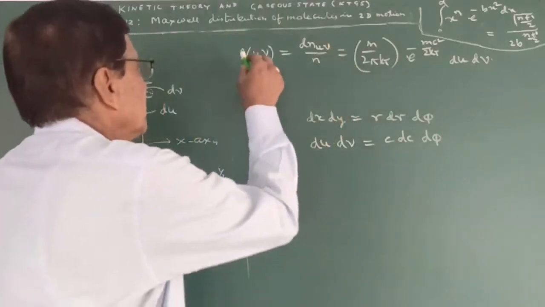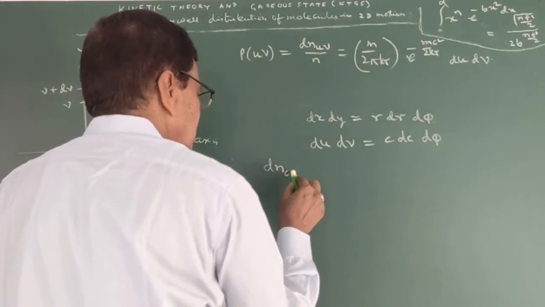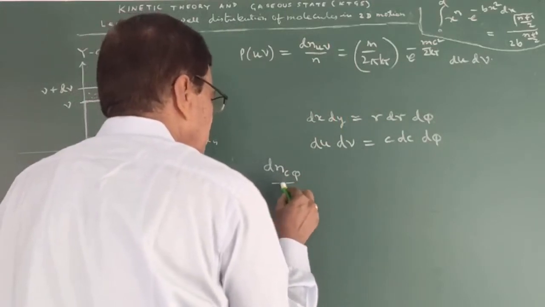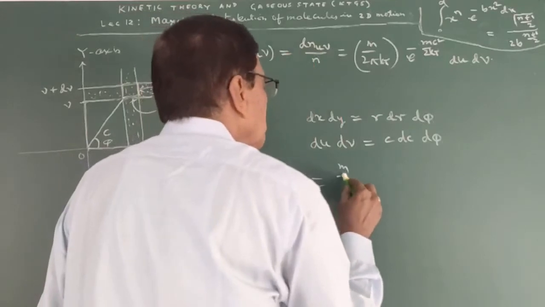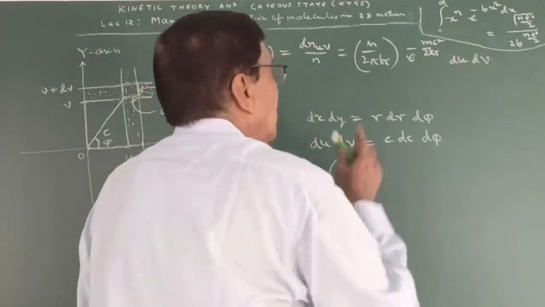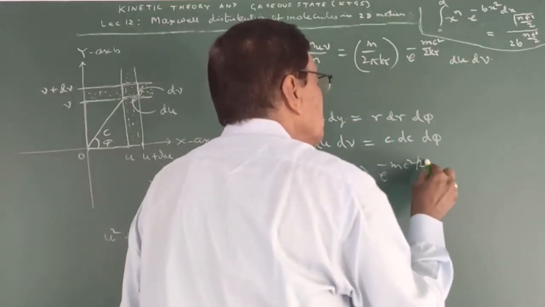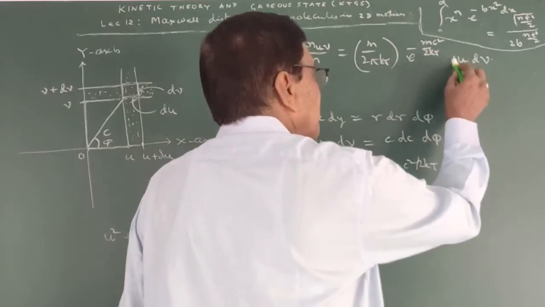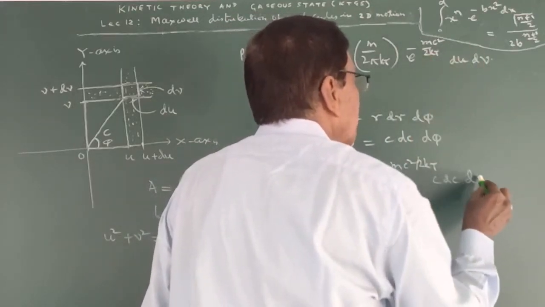So in this case, dN(c,phi) divided by N equals m by 2 pi kT, and here e to the power minus m c squared by 2kT, and in this case c dc d phi.